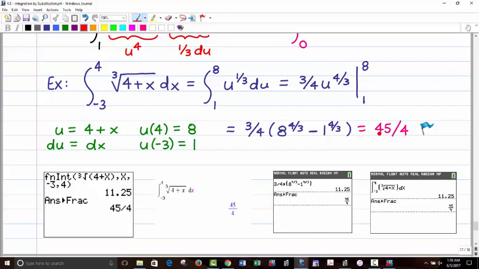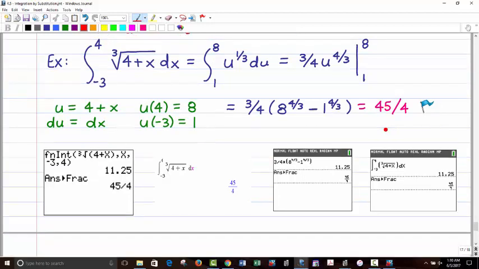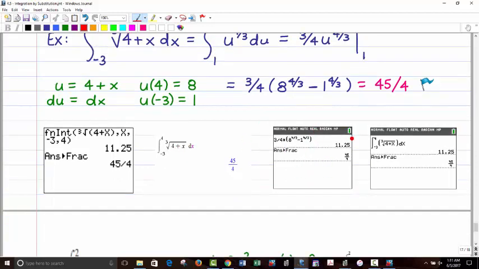All right. And you work this out with a calculator, whatever you want. You see I did right there in the third box there. Just work it out in the calculator. There it is. Whether it's an old school TI-83, you have to use the fnInt, put in the variable, then the x, and then lower and upper limits.